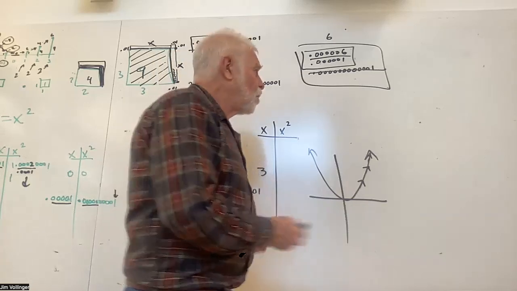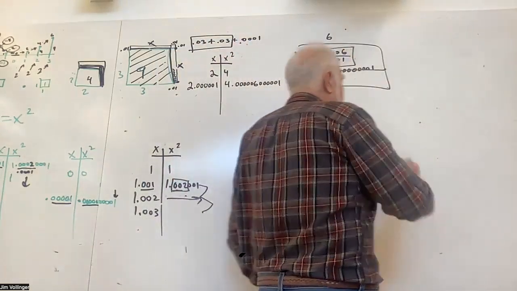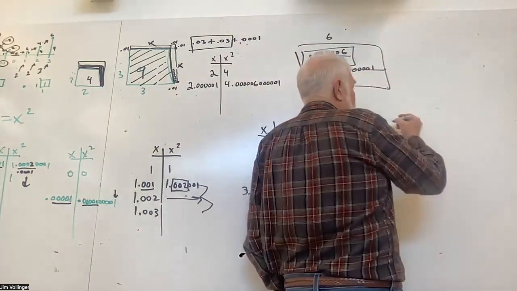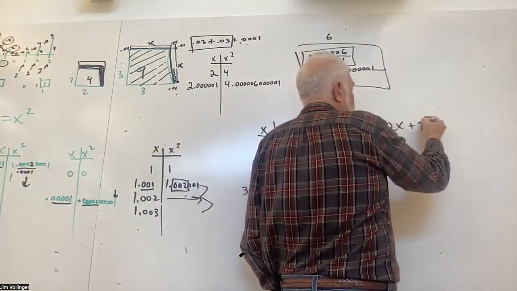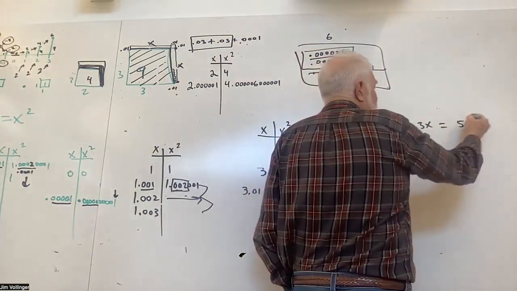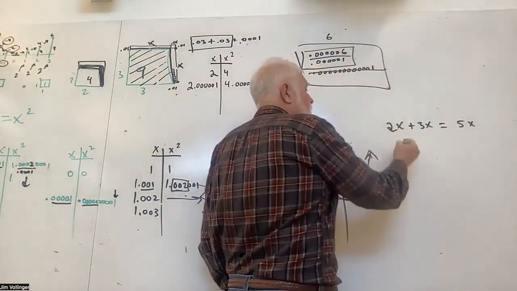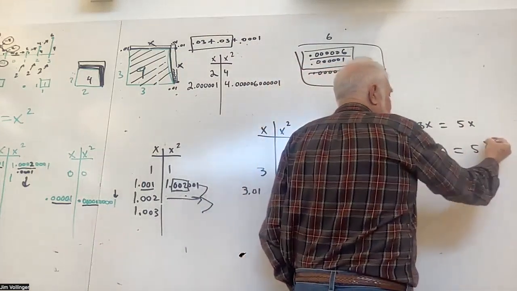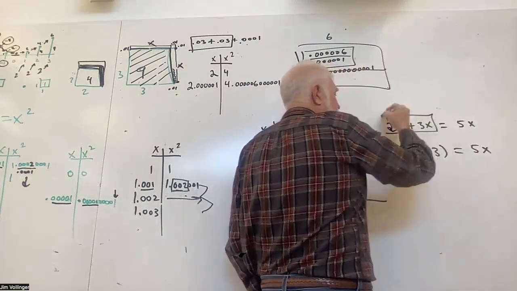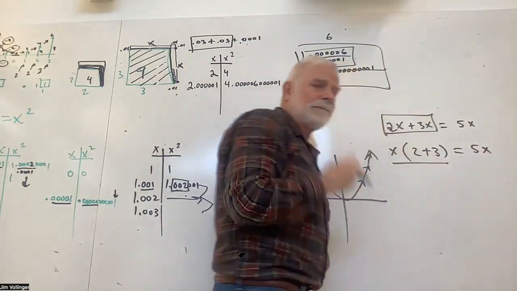All right, so what's another way of writing? What can I do? 2x plus 3x. Well, we say it's 5x. Why? Because x is common to 2 and 3, right? That's addition, that's a sum, that's a product.